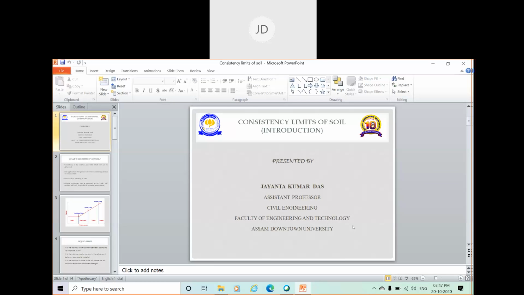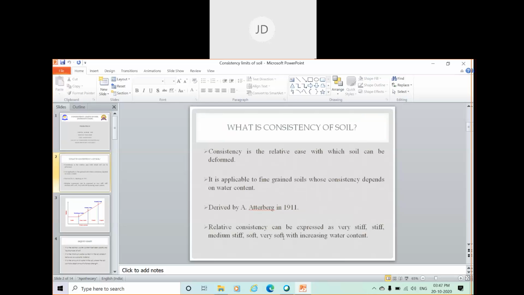So we are discussing the consistency limits of soil. In the last class, we already discussed the background of consistency of soil. Who proposed this? Atterberg. Albert Atterberg, in 1911, proposed this concept of consistency of soil, and it is a property specially used only for fine grained soil.